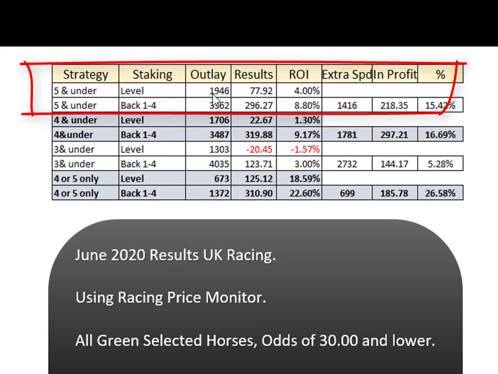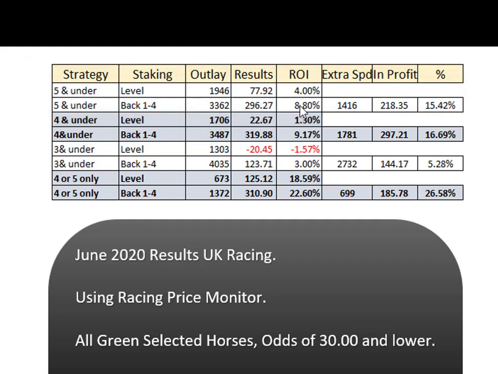There were 1,900 bets there for £77 profit, so 4% return on investment. And then you can see here on staking 5 horses or under, using the staking plan, we made 296 profit, so 8.8.